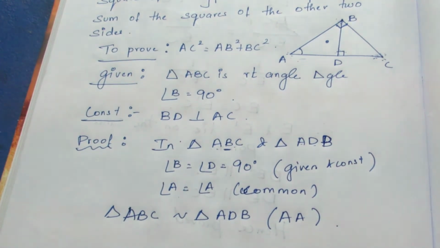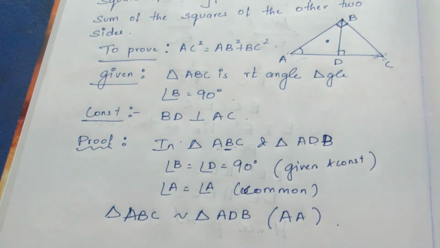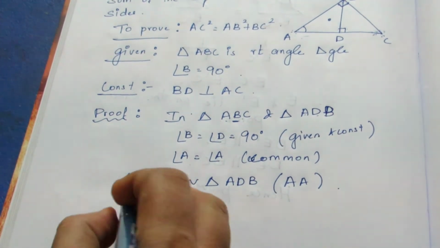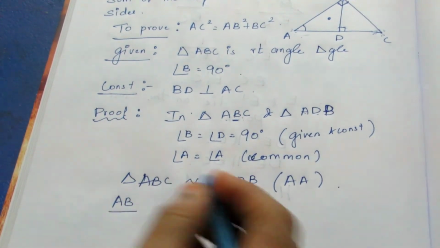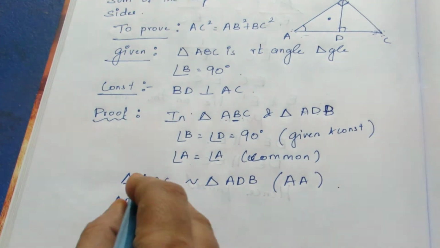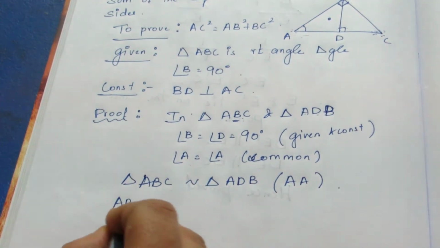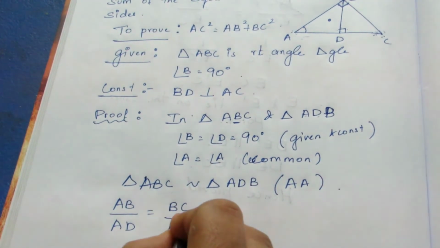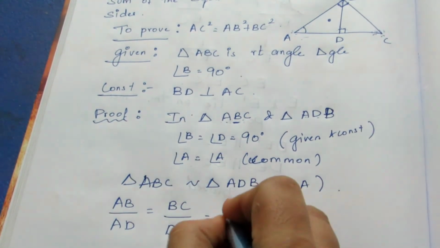If we know these to be similar, we can write the proportional sides: first two by first two, AB by AD, which is equal to last two by last two, which is equal to first and last by first and last.